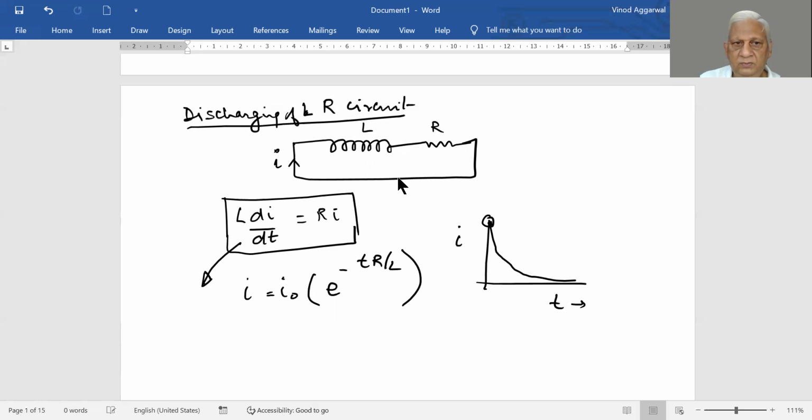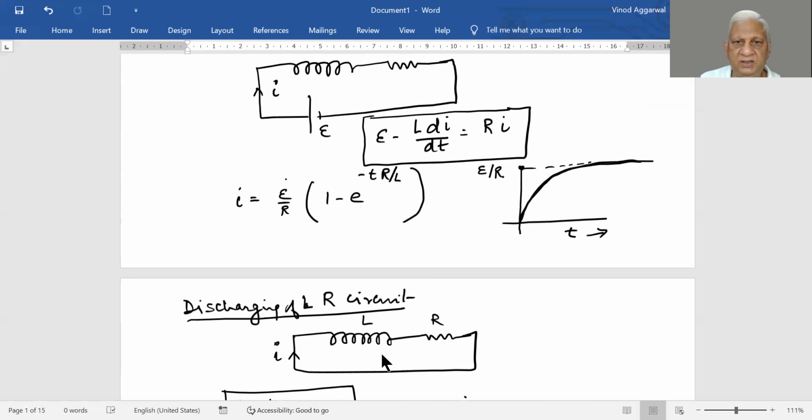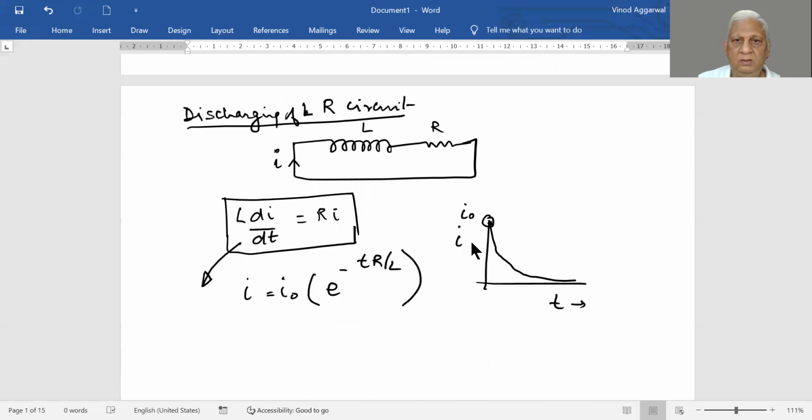This value, at which it started, is I naught. By the way, if you had charged this in the previous loop, then I naught would have been E by R. This is the initial current at t equal to 0. So the discharge will be an exponential decay.